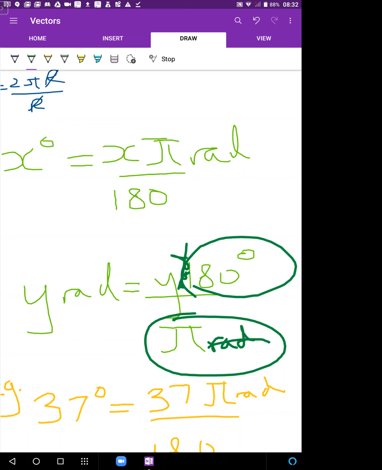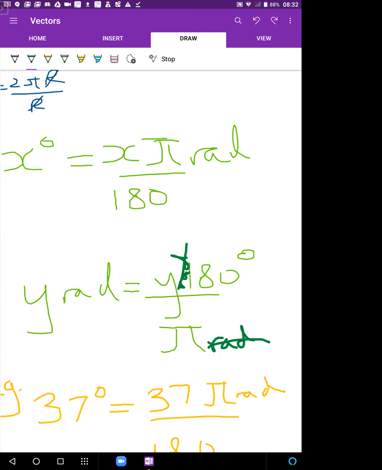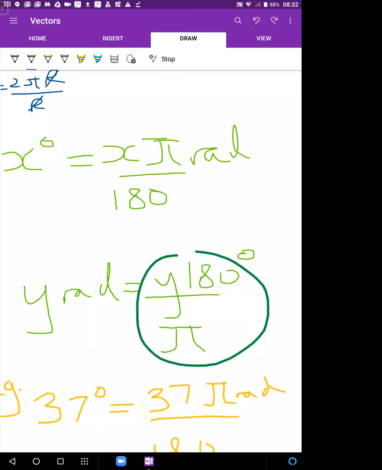But writing it in this manner has cancelled out radians as the unit and has left me with degrees as the unit. क्या बोल रहा हूँ, y radians is y 180 by pi degrees.